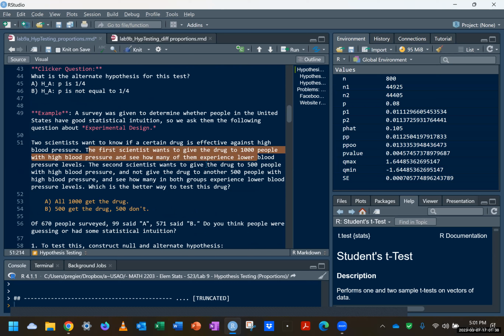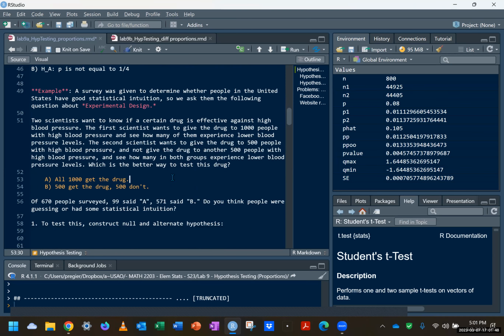The second scientist says, let's give it to 500 people and not to the other 500, and we see, is there a difference between the two groups? If you have any kind of statistical intuition, or if you have been following in this class, we want to control. And so we're going to say B. B is the correct answer.